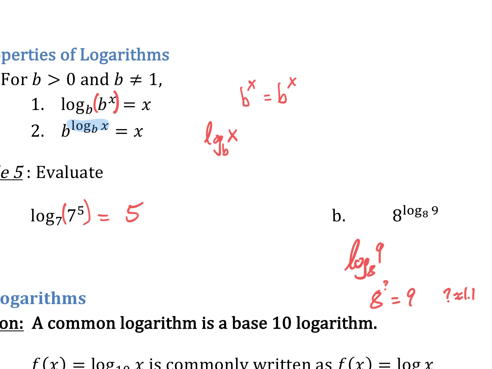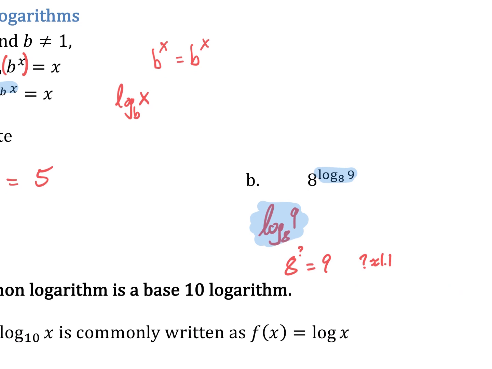So this number has one purpose in its life. It exists for one purpose. This is the magic number that when I put it on 8, I get 9. Got that? All right. Well, let's take that magic number and let's put it on 8. Once you put it on 8, it performs its sole purpose in life, which is that it transforms 8 into 9.